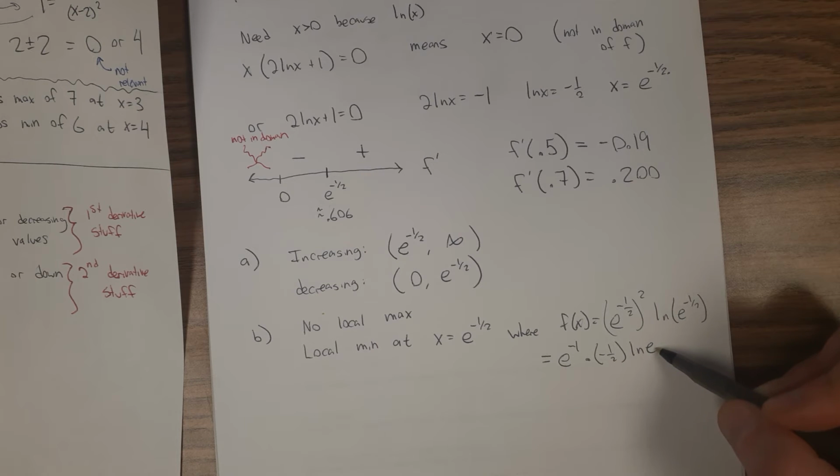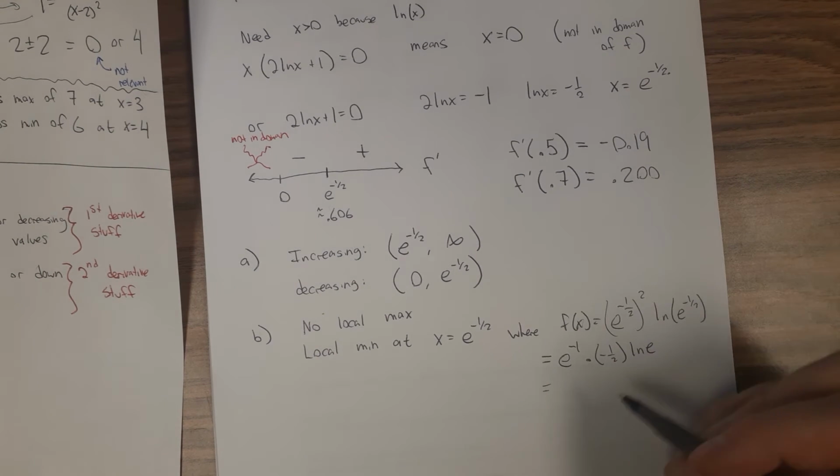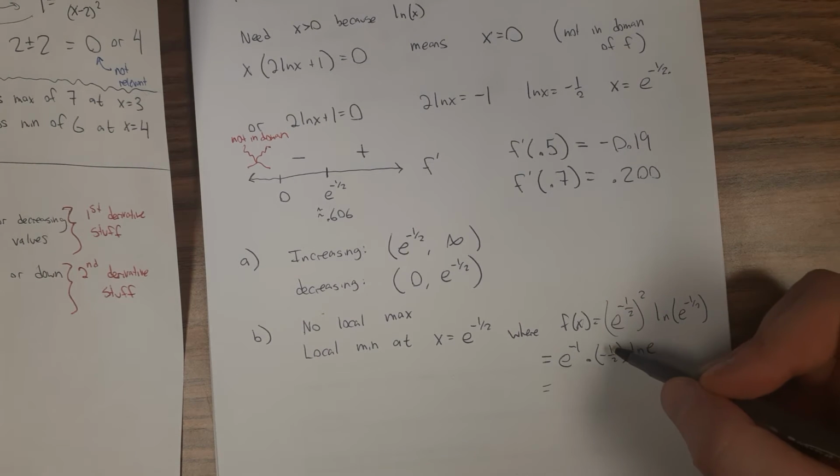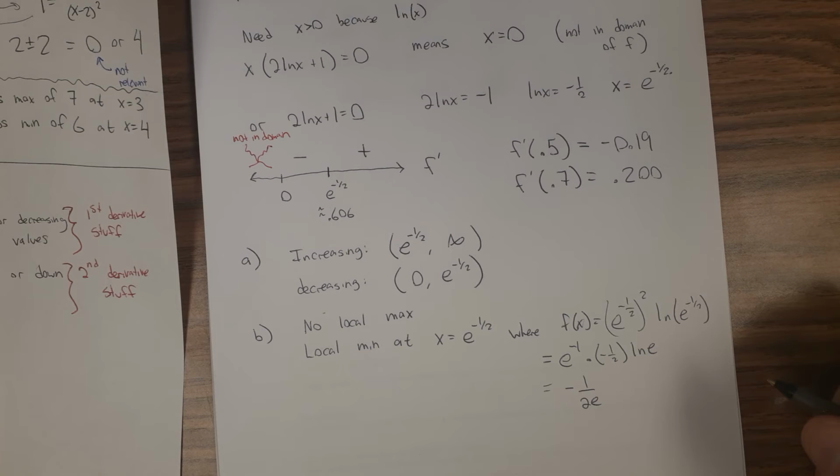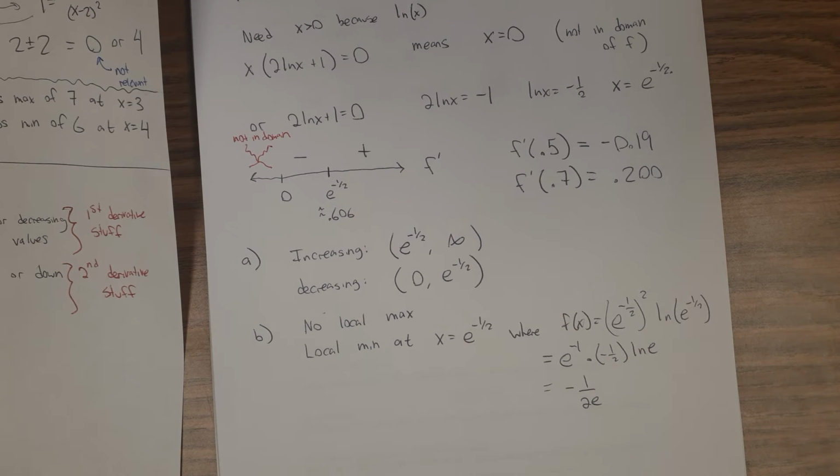Remember, log base anything of itself is 1, and this is log base e of e. So this is 1. So this is 1 over e, this is negative 1 over 2, and this is not doing anything. So I get negative 1 over 2e. And that's the value of f of x at the local min.